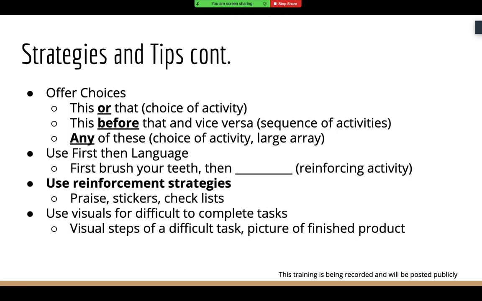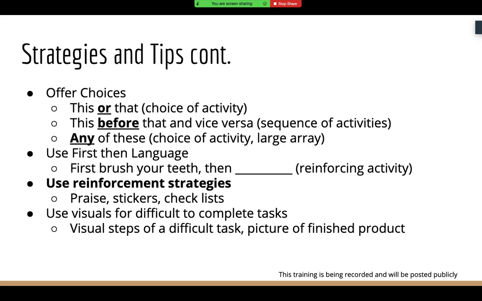Maybe you can help them with the first 5 steps and they complete the last 2, or have them complete the first 2 steps and you complete the last 5, and build them up to the whole chain. There's a lot of literature out there about using task lists and visuals for behavior chaining. That's way more than I want to go into today with you guys, but if you're interested, there's a lot of information out in the world about that.